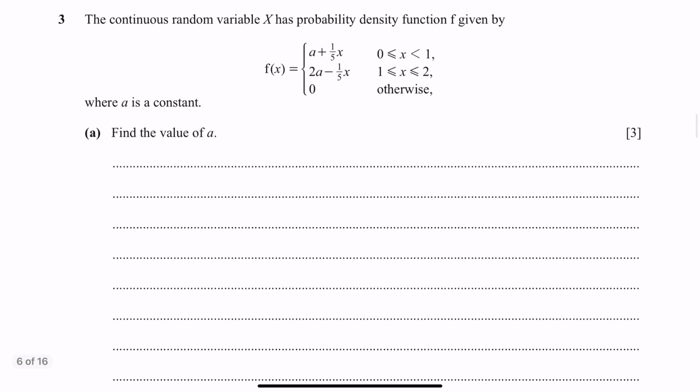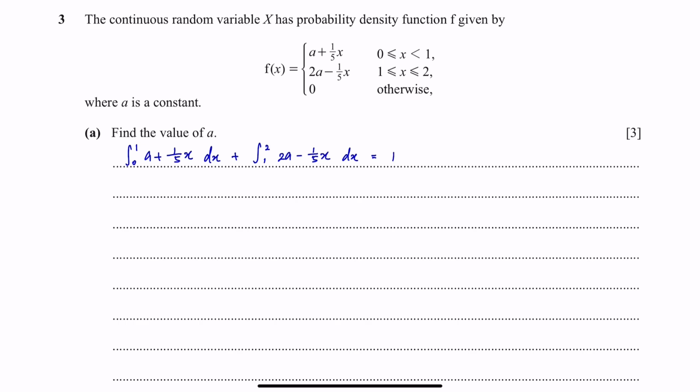So what we have to do is we integrate these two equations, and the sum of them will be equal to 1. So we integrate a plus 1/5 x from 0 to 1 plus the integration of 2a minus 1/5 x from 1 to 2.